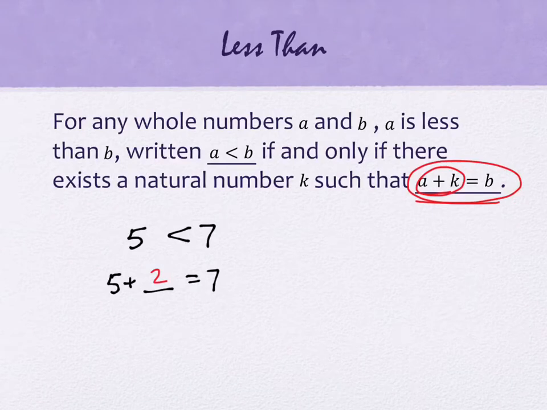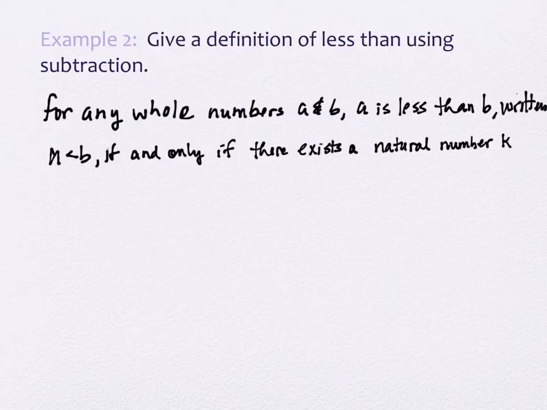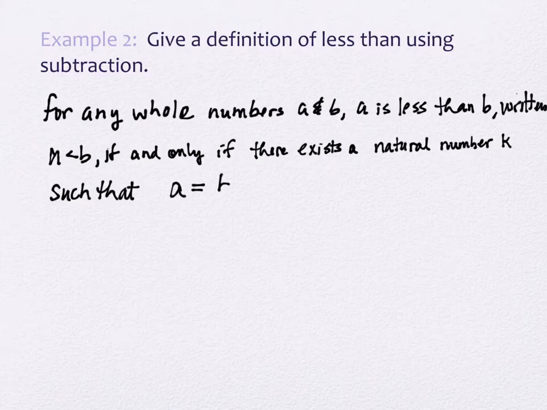What's going to have to happen in order to create a relationship of equality between A and B? B minus K equals A. I didn't have to write such that yet. So such that, and I'm going to keep the order the same. So A is equal to B minus K. If you switch the order, it doesn't matter. But the A and the B stay on the separate sides of the equation. And instead of adding K to A, I'm going to subtract K from B. So it's the same description, but using subtraction at the very end instead of addition.